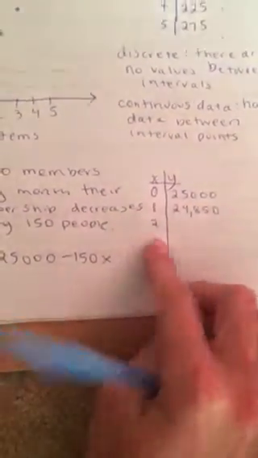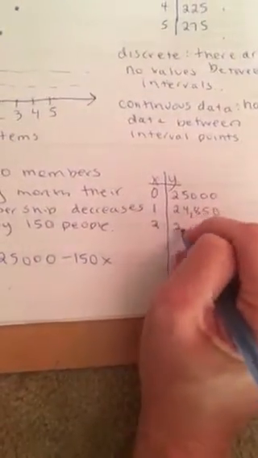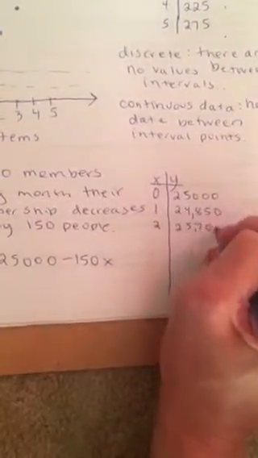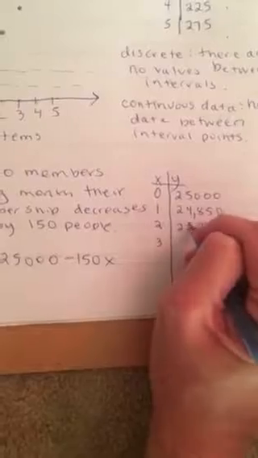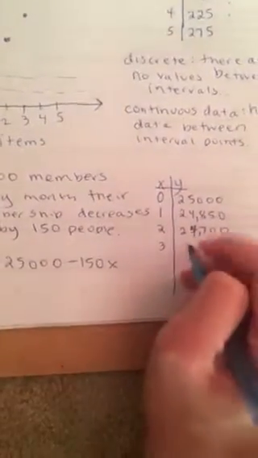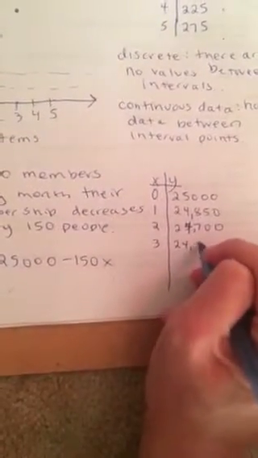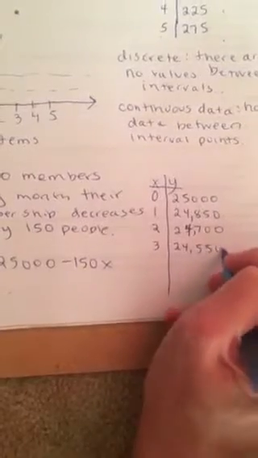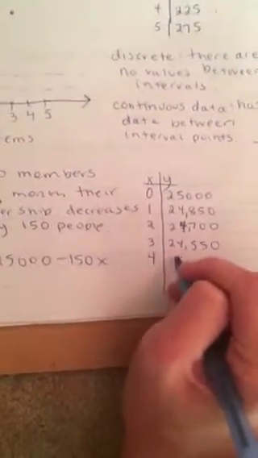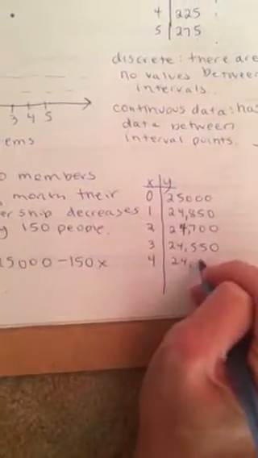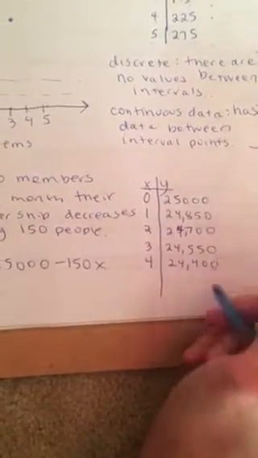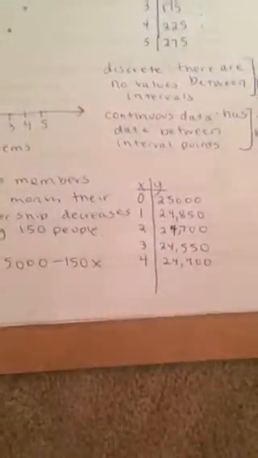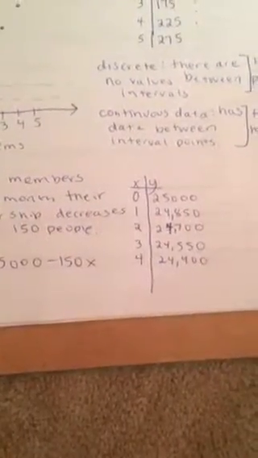After 2 months, I'm looking at 24,700. After 3 months, I'm looking at 24,550. 4 months, I'm looking at 24,400. And then continually, you can keep looking at this as the time decreases.